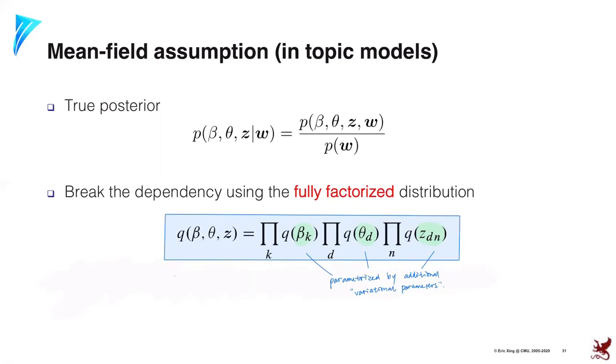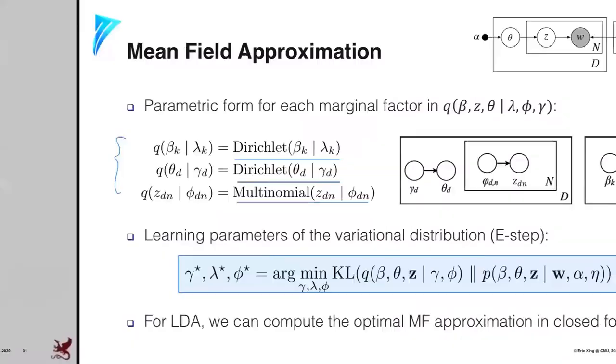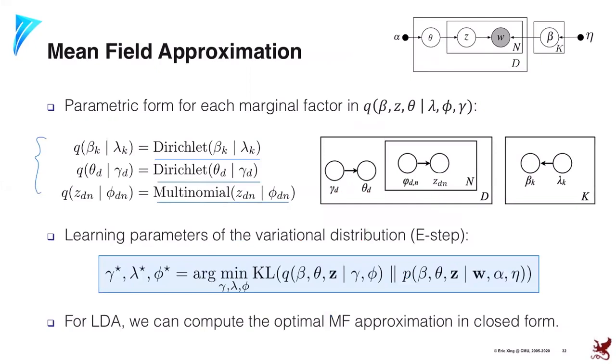And then we should also note that the mean field family usually does not include the true posterior. Then let's consider for each beta, theta, and z, they should be parameterized by additional so-called variational parameters.